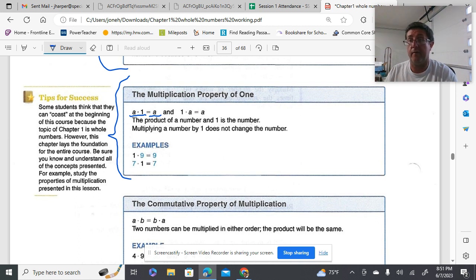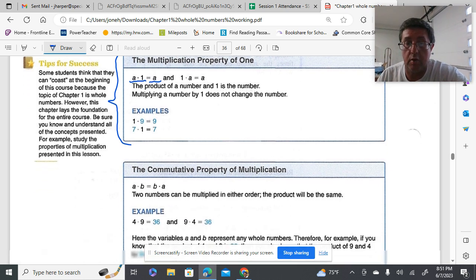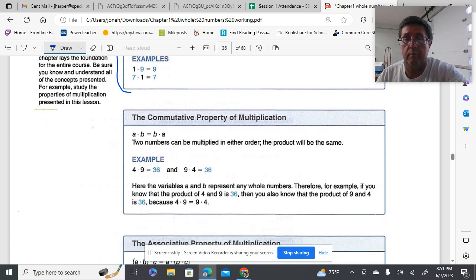If I have 5 ones, that means I'm going to have 5. And no matter how many you have, if you have 1,000,000 ones, I'm going to have 1,000,000. Multiplying a number by 1 is always going to be itself. You need to remember this, and when I get the chance, I will make you a chart of all of these properties as well.